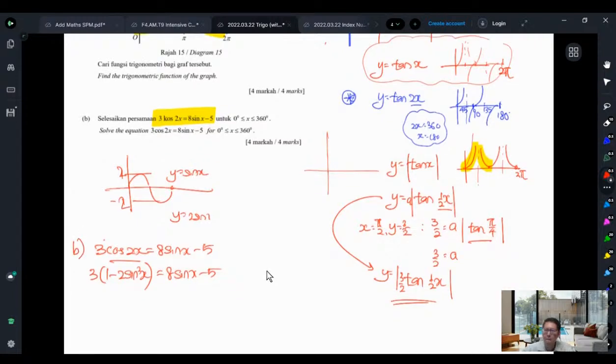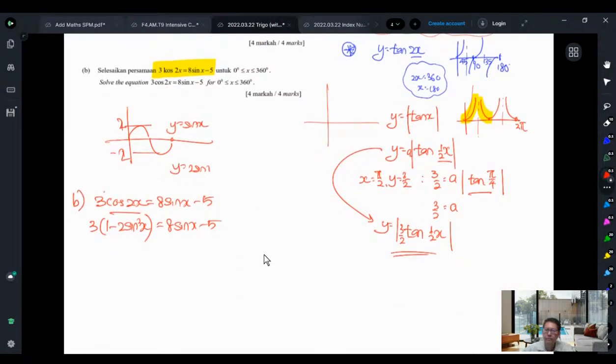Part B. Then 3 minus 6 sine squared x equals 8 sine x minus 5. Bring everything over: 6 sine squared x plus 8 sine x minus 8 equals 0.